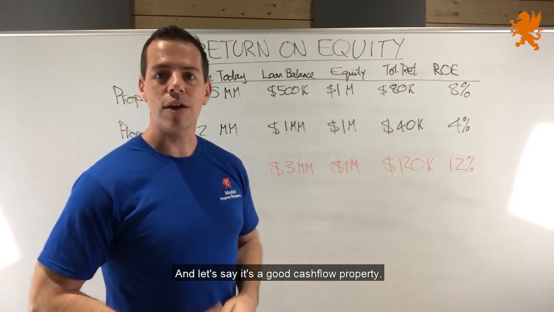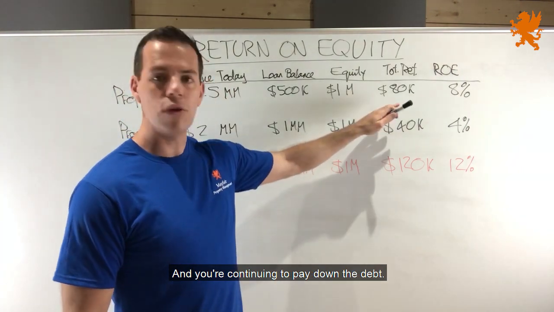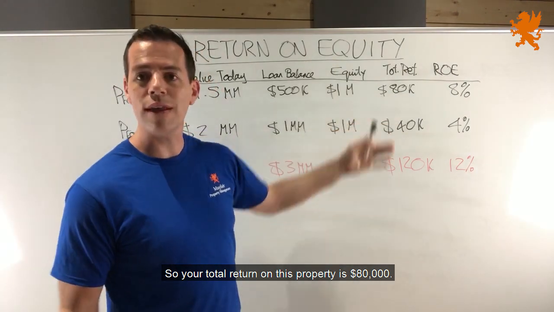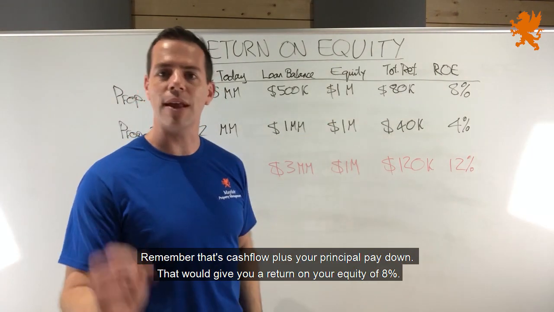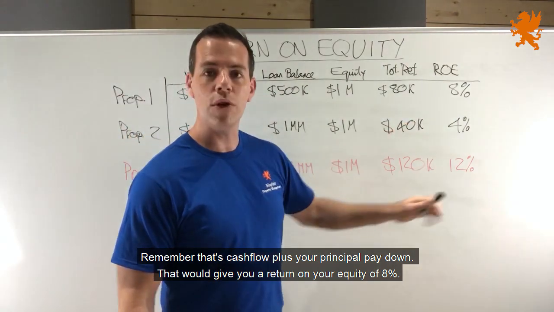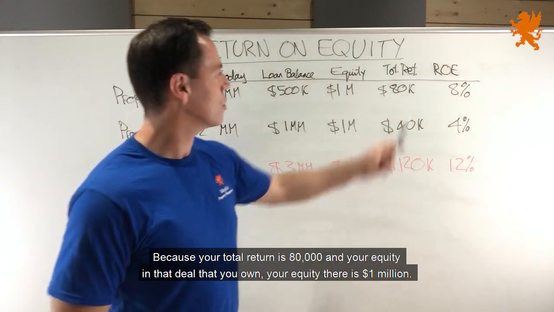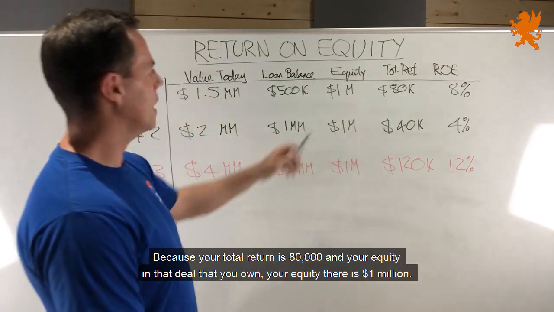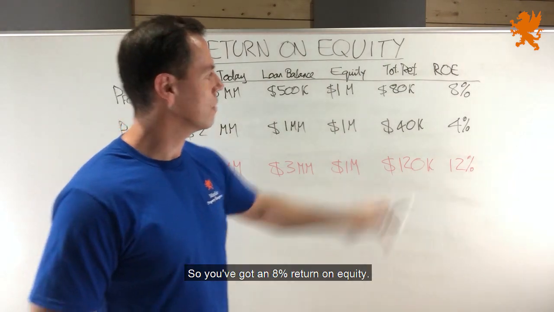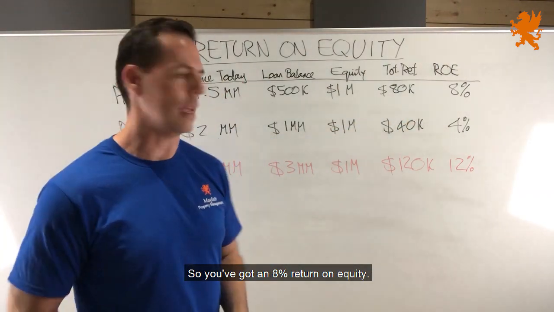And let's say it's a good cash flow property, and you continue to pay down the debt, so your total return on this property is $80,000. Remember, that's cash flow plus your principal pay down. That would give you a return on your equity of 8%, right? Because your total return is $80,000, and your equity in that deal is $1 million. So you've got an 8% return on equity.